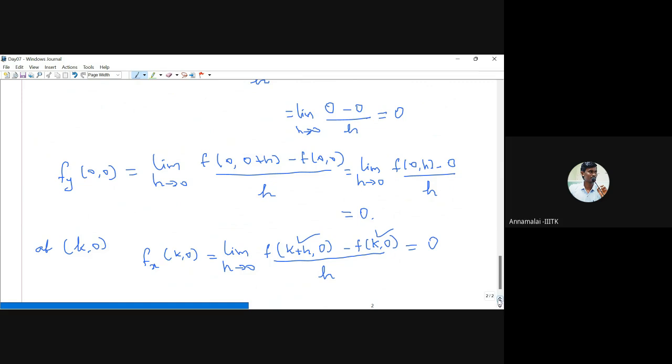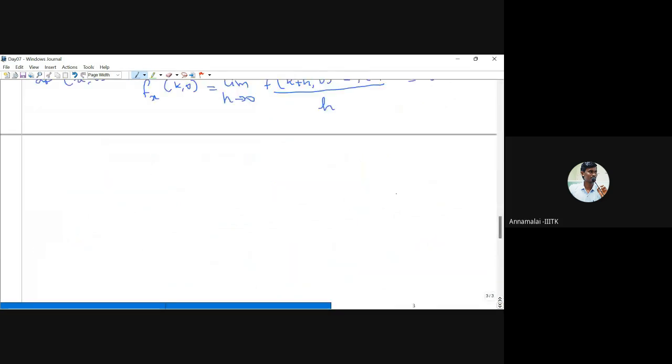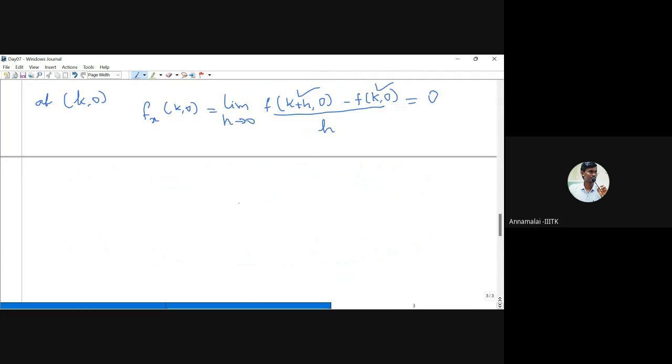Similarly, if you find the first derivative with respect to y at the point (k, 0), what is the value? Limit h goes to 0. Here x is constant. So what you'll get is f(k, 0 + h) minus f(k, 0) by h, because the point is (k, 0).